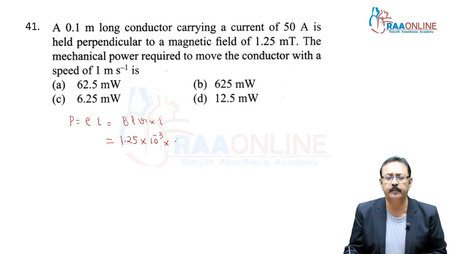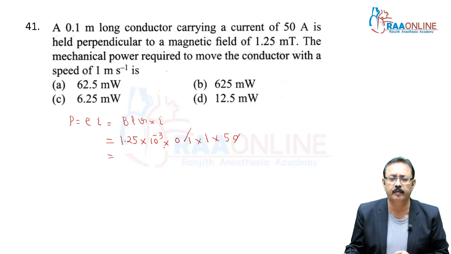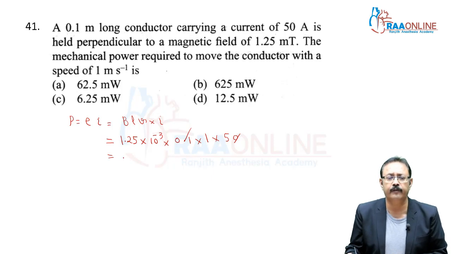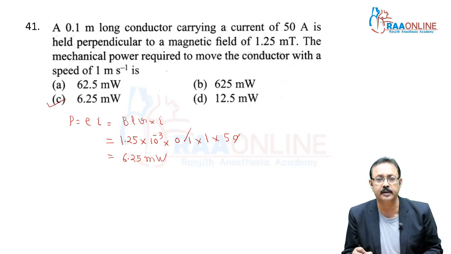L is 0.1 meter long. V means 1 meter per second. Current is 50. So remove this decimal with 1 0. For minus 3 we will put milli. It is 1.25 into 5, 6.25. For minus 3 I am putting milli, power unit watt. So 6.25 milliwatt means 41st option C is correct.